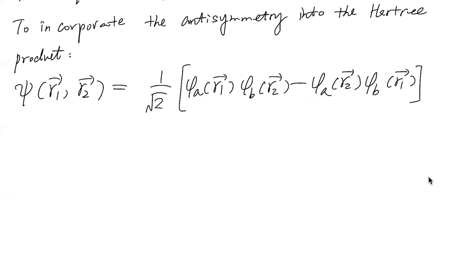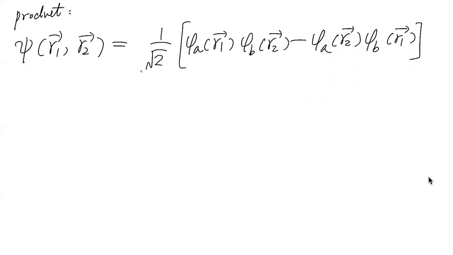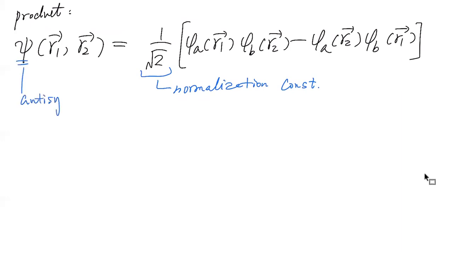This is the way to incorporate the antisymmetry into the Hartree product. 1 over square root 2 is the normalization constant. And now psi is antisymmetric with respect to the exchange of the labels.